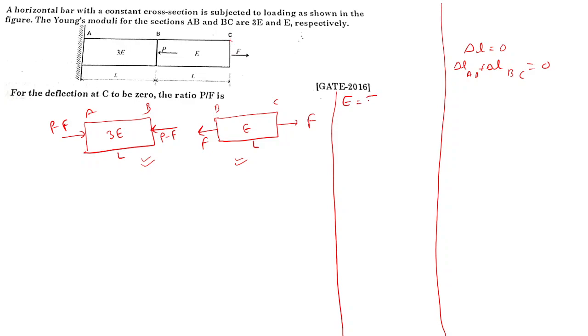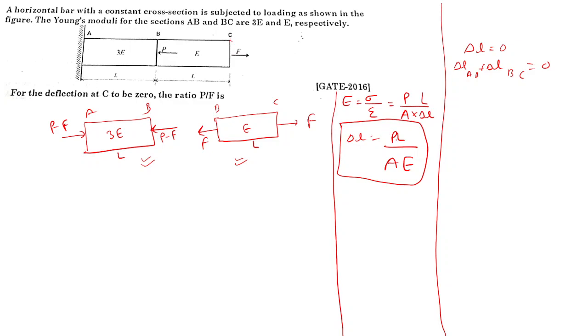Young's modulus is stress upon strain, stress is force by area, and strain is delta L by L. So from here we can get delta L. Delta L would be PL by AE, if area is not changing. If area is changing, then we have to go some other way.